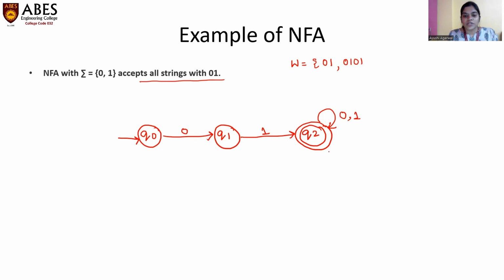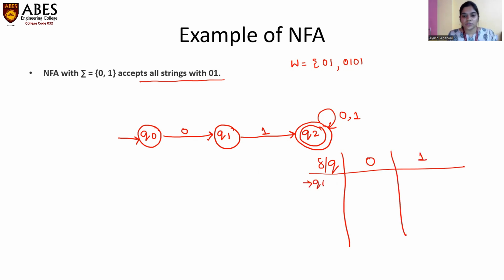Okay, now let's draw a transition table for this NFA. We have input symbol 0 and we have input symbol 1. We have states Q0, Q1, Q2. Q2 is our final state, so we'll put a star over it. Now, from state Q0 with reading 0, moving to state Q1.